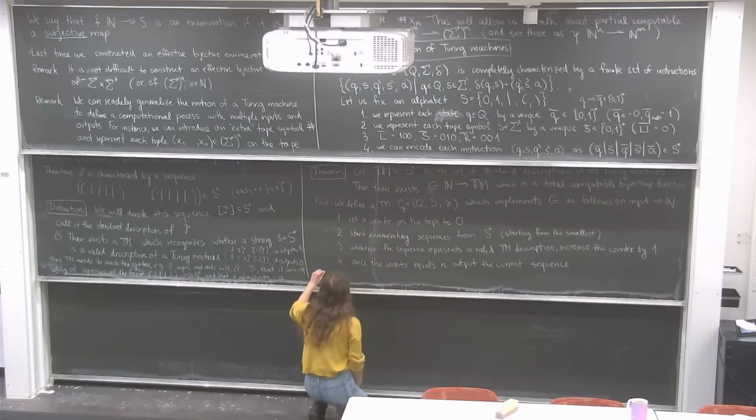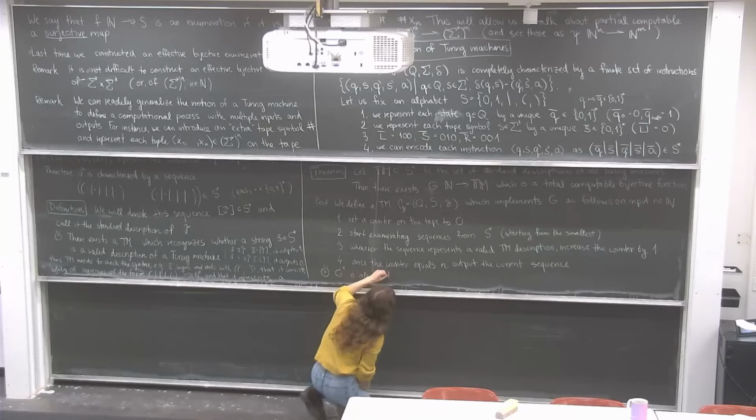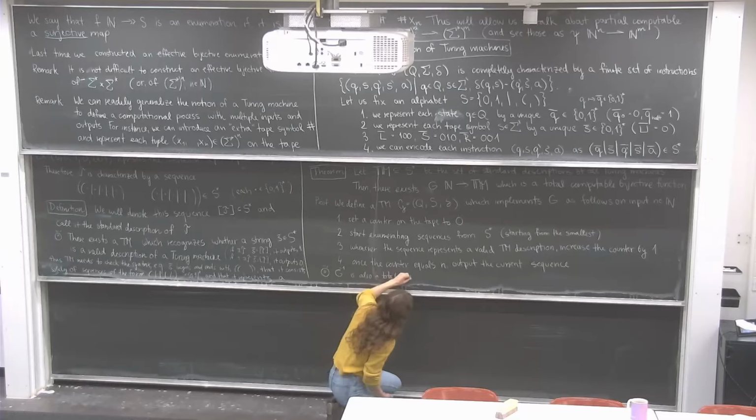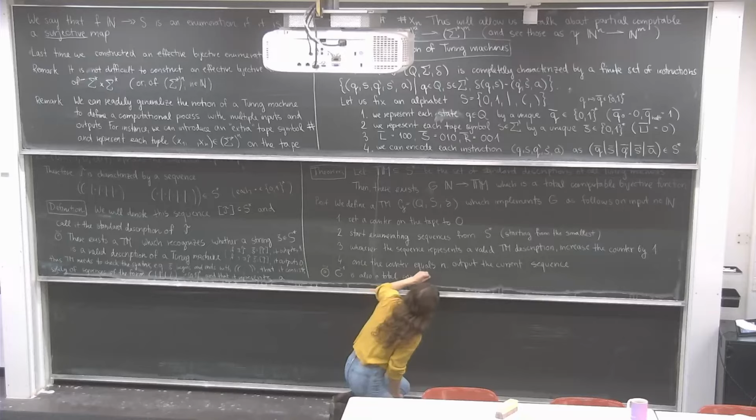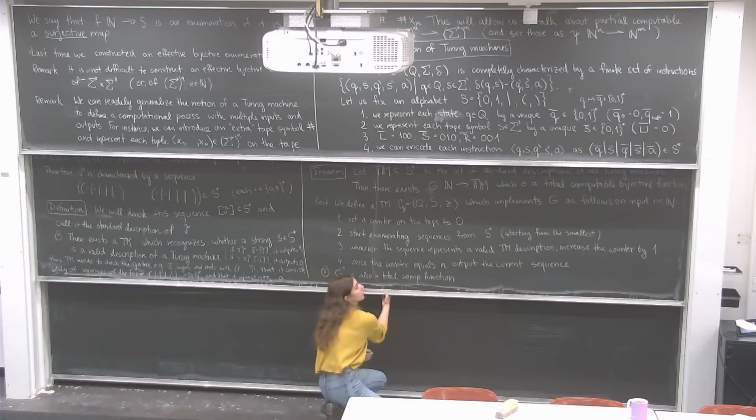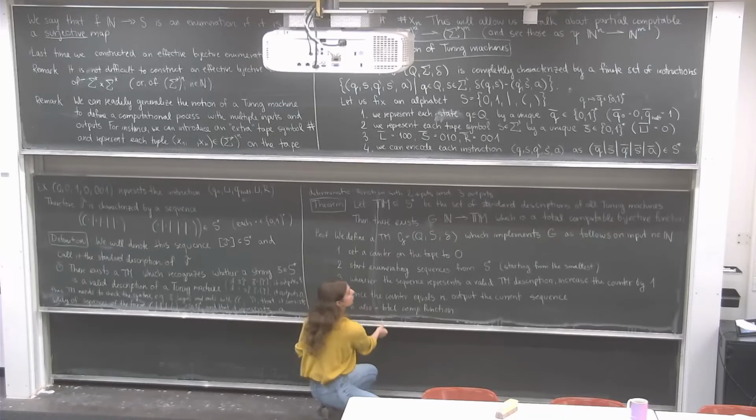So an observation is that the inverse is also a total computable function. Just because sometimes we will use it, it's pretty straightforward that if you have a total computable bijection, the inverse is also total computable.